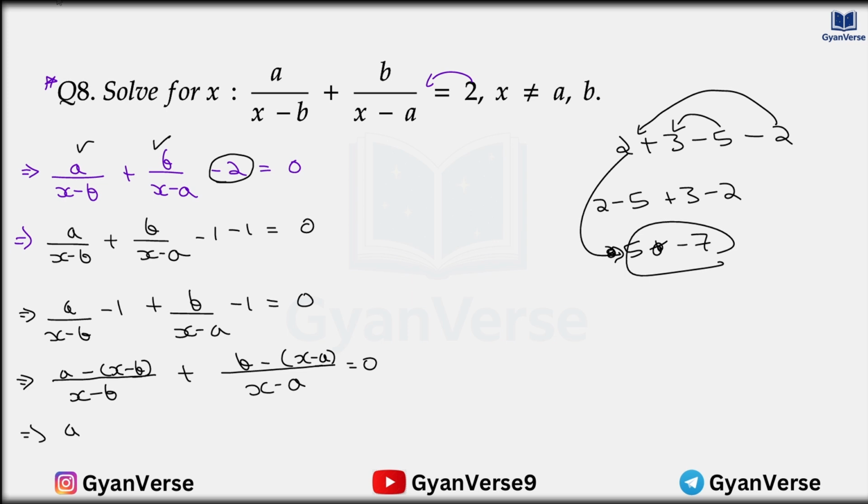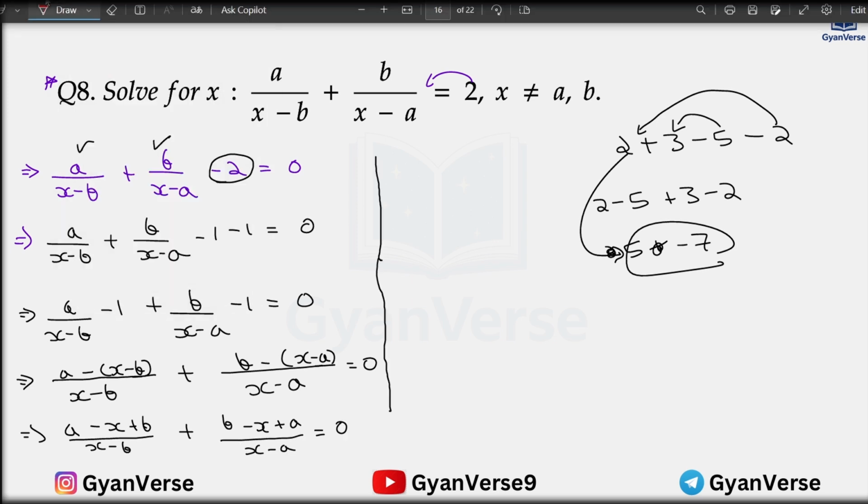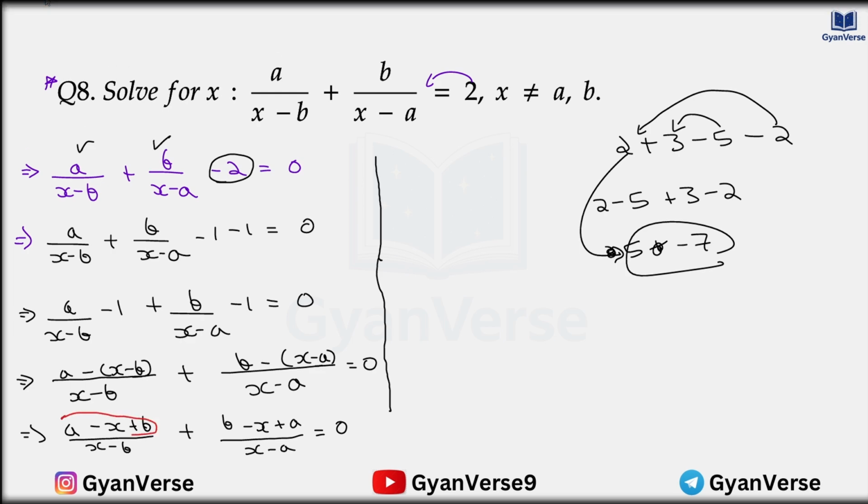Now a minus x plus b upon x minus b plus b minus x plus a upon x minus a equals 0. Now look at this: the numerator of both the terms. These are exactly the same.